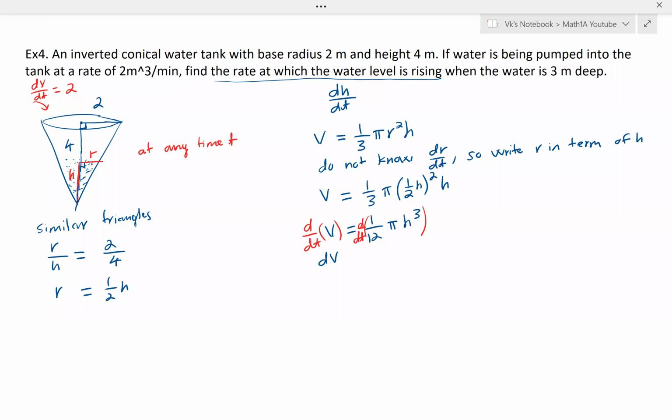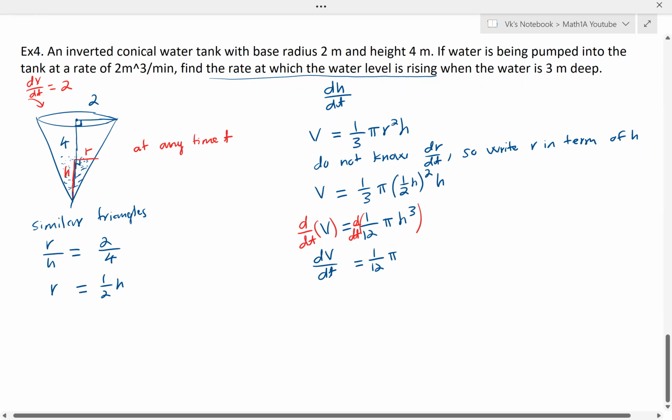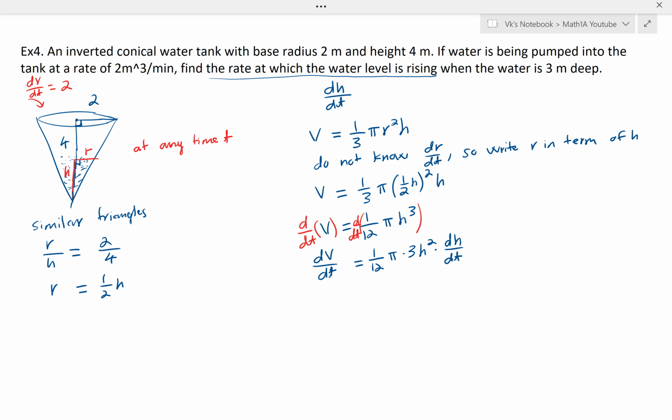And we have dV over dt equal to 1 over 12 pi times 3h squared dh over dt. dV over dt equals pi over 4 h squared times dh over dt. From here, we see that dh over dt is dV over dt divided by pi over 4 h squared.